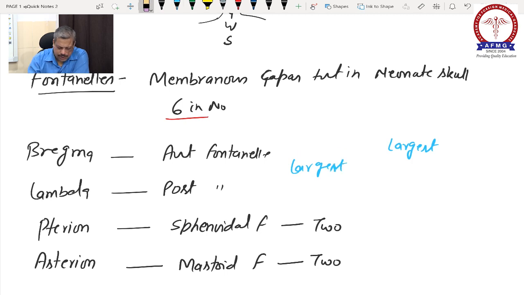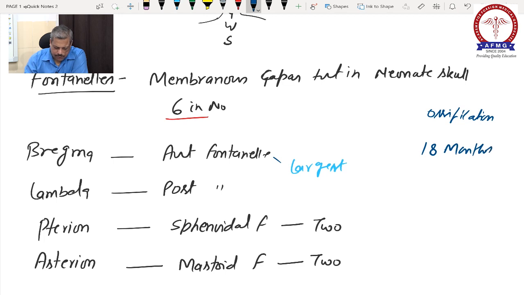Now the next point: what is the normal time of ossification, or when do they close? The anterior fontanelle, which is largest, ossifies at the age of 18 months. The posterior fontanelle closes at 2 to 3 months.